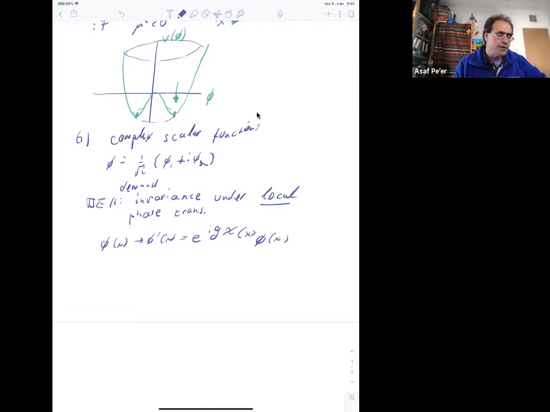Then we saw that this can be achieved by changing the derivative in the Lagrangian to a covariant derivative. That gives rise to a new vector boson, which we call B mu.